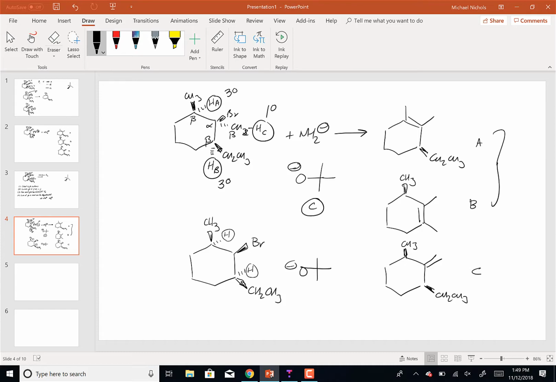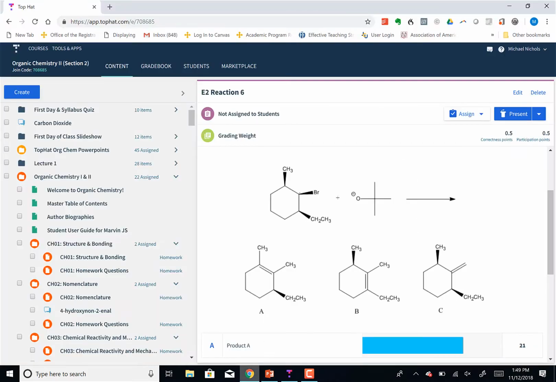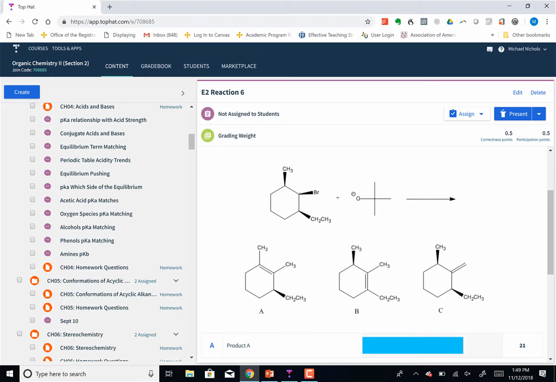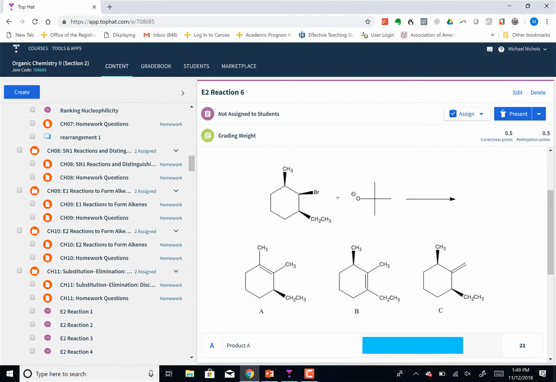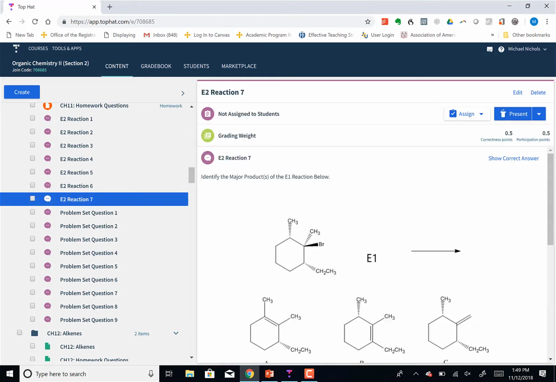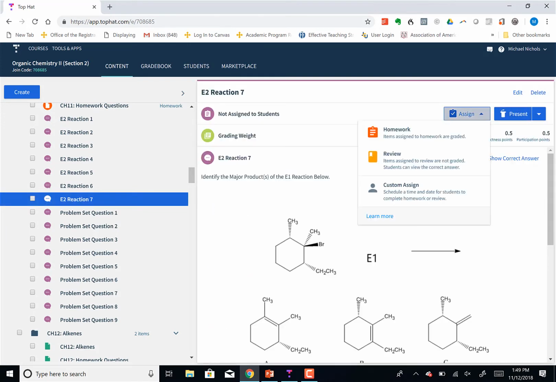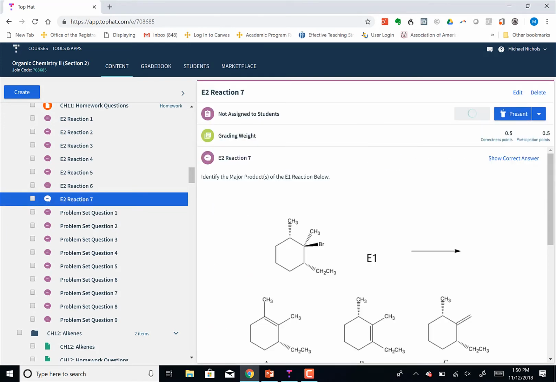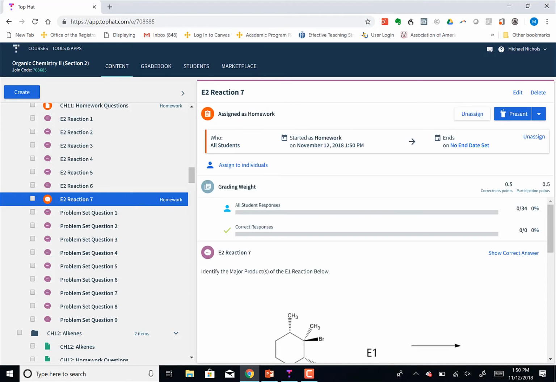Okay, so outside of that, here's what I'm going to do. I'm going to take the rest of these problems and assign them as homework. When I assign them as homework, I don't have the option of giving you more than one shot.